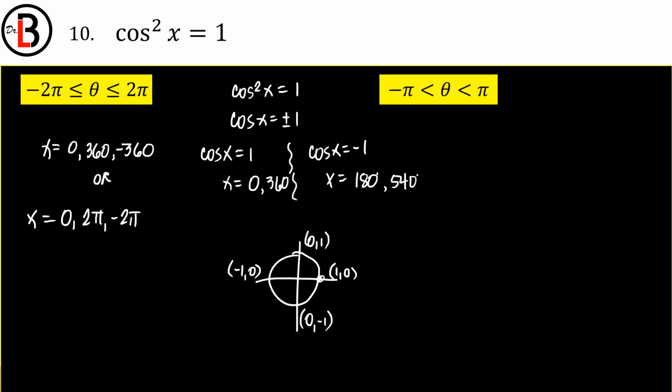The other one is negative 1 at 180, so that's at pi, and so pi and negative pi. Whereas, if it's this first one only, the answer would be within one revolution, 0 at least, because it can't go beyond that.